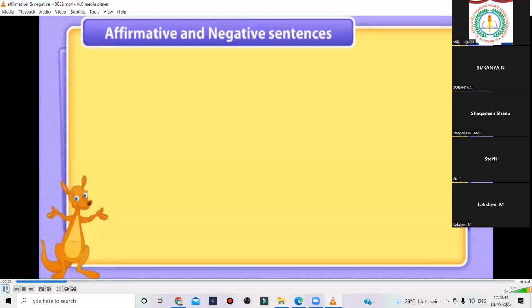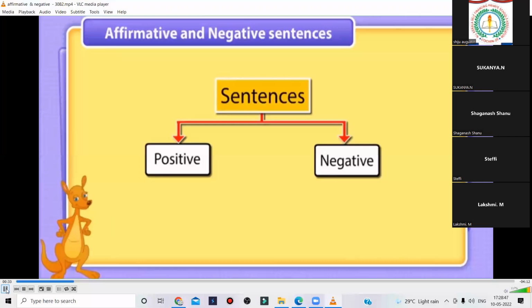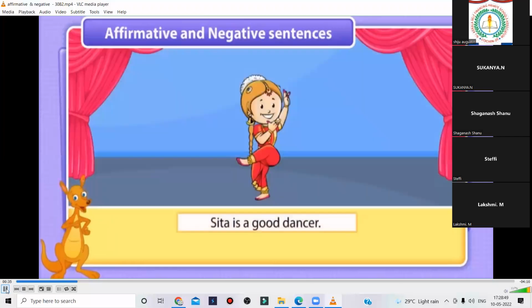Do you know sentences can be positive or negative? Take a look at this sentence: Sita is a good dancer. This tells us that Sita dances well.